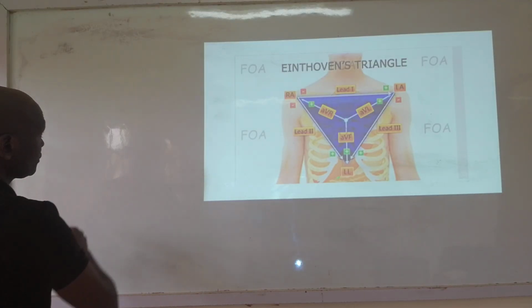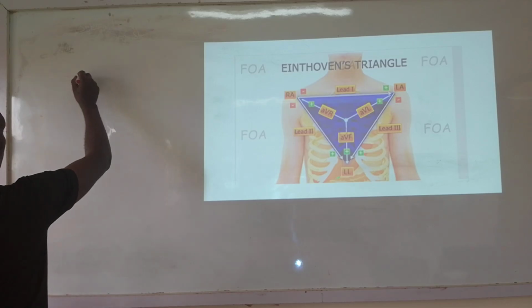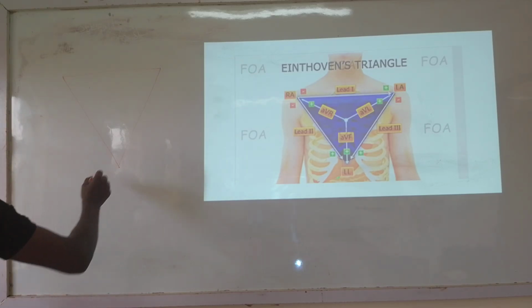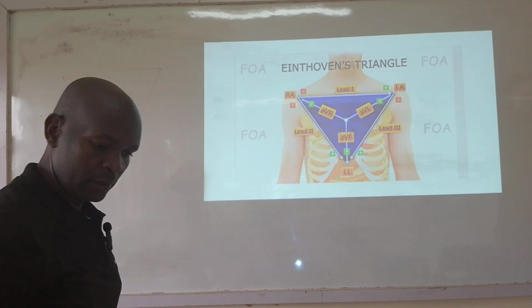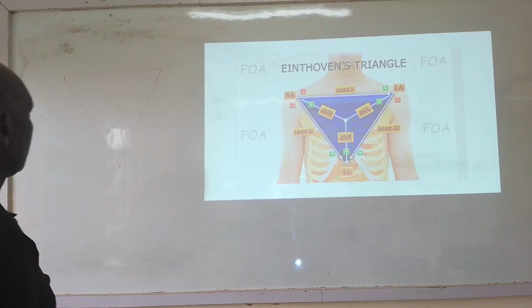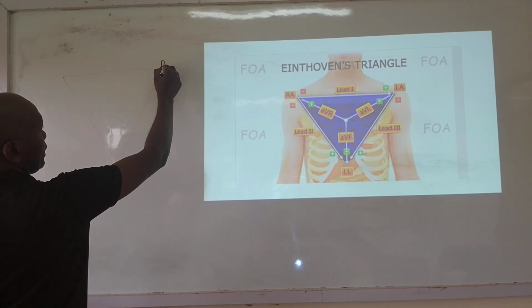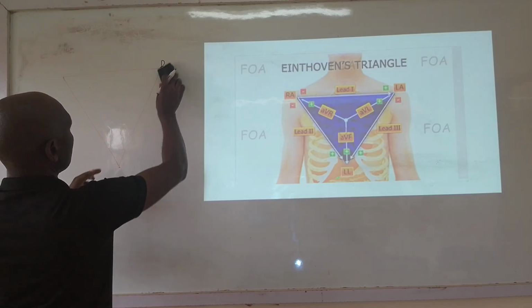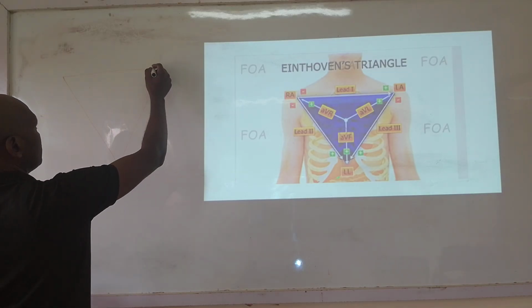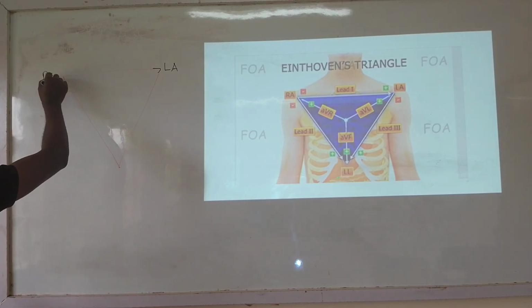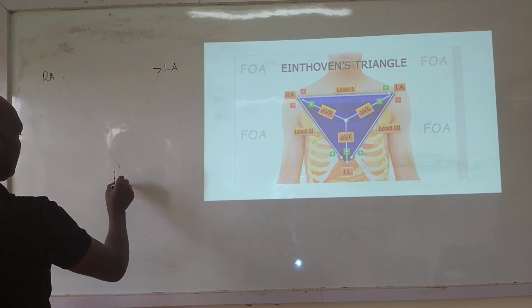So, if I may redraw that triangle here, just use another pen. Then we are saying this is the left. Sorry, this is left arm, and this is the right arm. And this one here is the left leg.